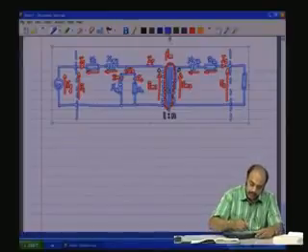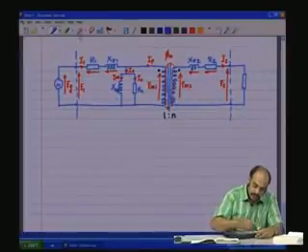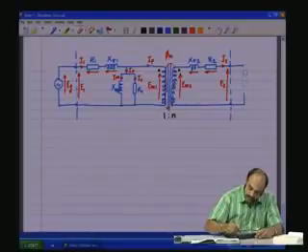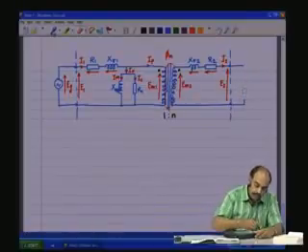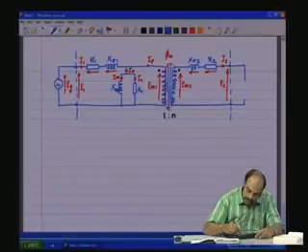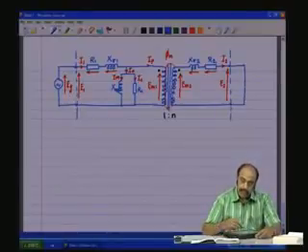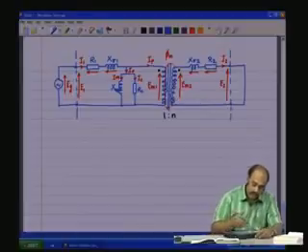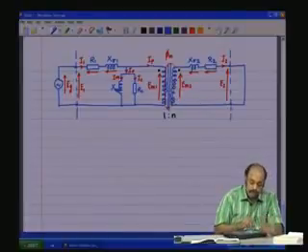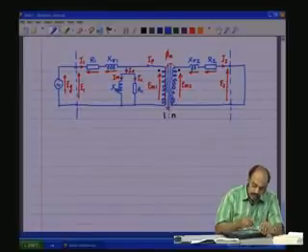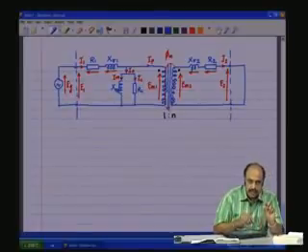So, in the short circuit test, what is done is the secondary is short circuited. As the secondary is short circuited, we do not apply the full nominal voltage to the primary. The voltage EG that is applied is a very small amount.